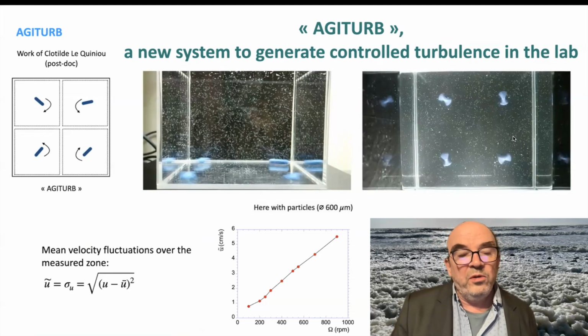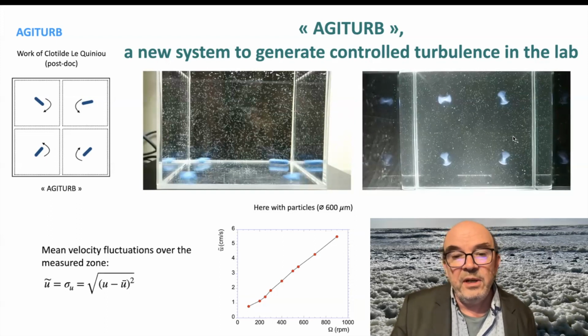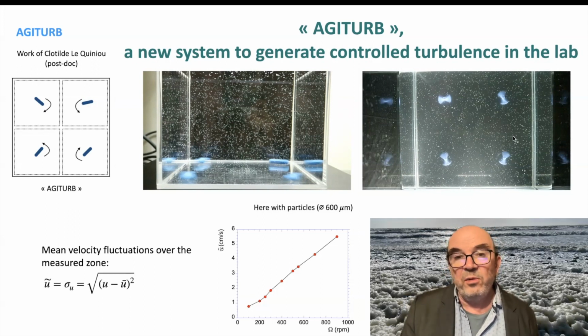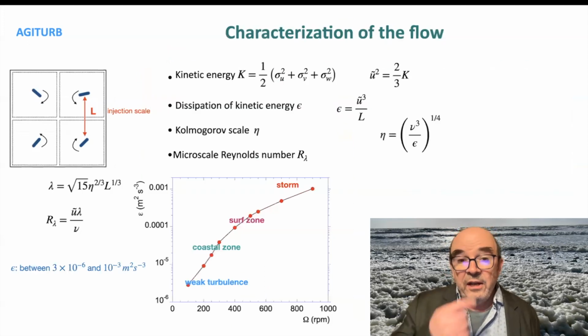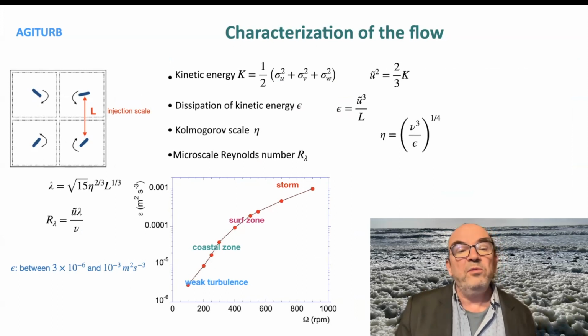So if we record the standard deviation of the velocity in the center of the system, then we can make a relation between this standard deviation of the velocity and the rotation rate of the stirrers. And then we can obtain different Reynolds numbers and also different values of the dissipation, which can be used to mimic what's happening in the field.